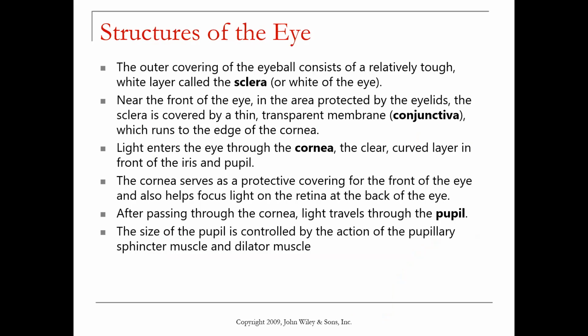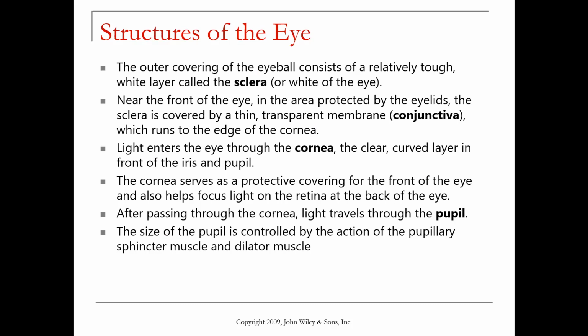In the front of the eye, there is a membrane that covers the sclera, called the conjunctiva. If you've ever had conjunctivitis, which is an inflammation of this membrane, another term for conjunctivitis, I think, is pink eye. If you've ever had that, it is an inflammation of that membrane that's covering the sclera.